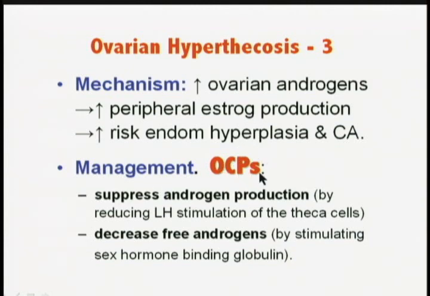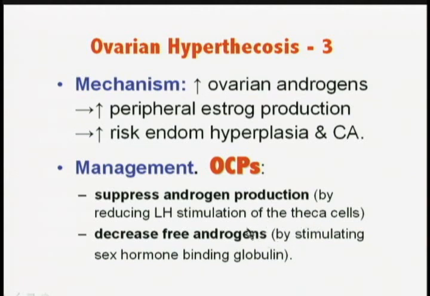The oral contraceptive pills can be very helpful in two ways. Oral contraceptive pills will suppress LH along with FSH. And when the LH levels fall, the stimulation of the thecocells is reduced, and so the androgen production goes down. So we have decreased peripheral androgens by suppression of the thecocells by decreased LH.